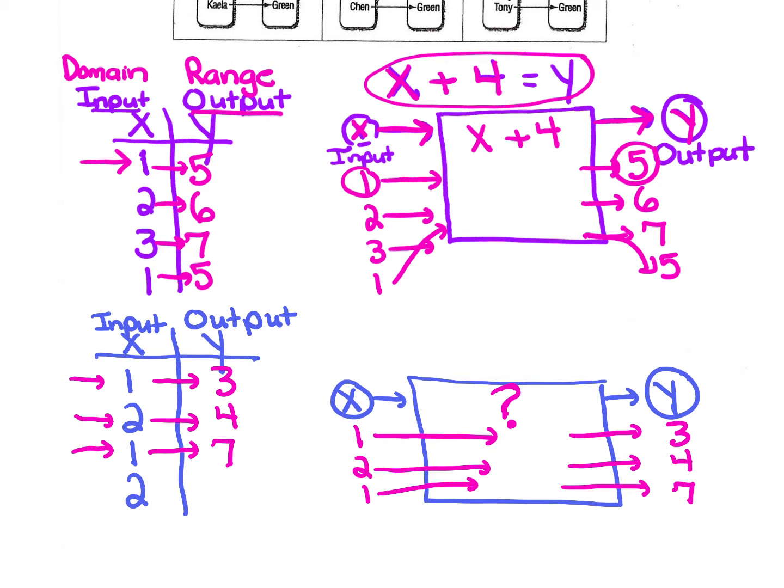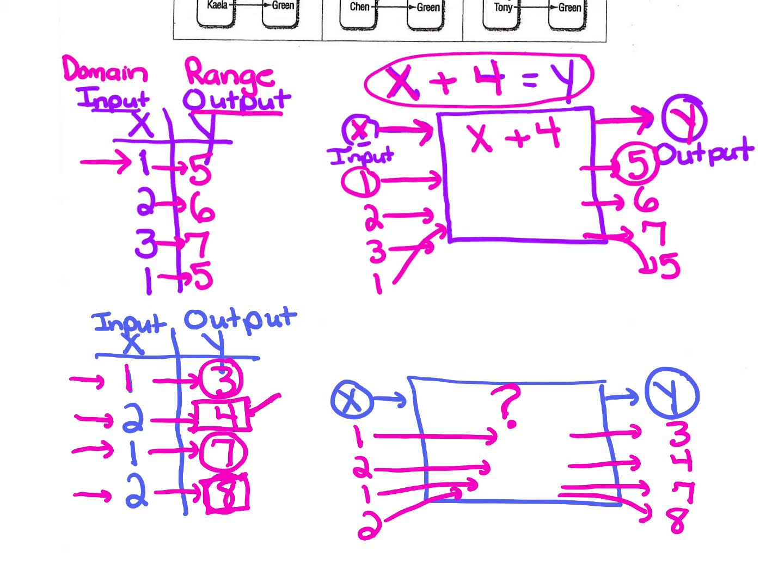That's a problem right there. The input value of 1 cannot have 2 different output values. And let's say we put a 2 in. We're expecting an output value of 4, but if we put it into the machine and it outputs an 8, we know that this relation is not a function because the 2 can't have 2 different output values, one of 4 and one of 8.